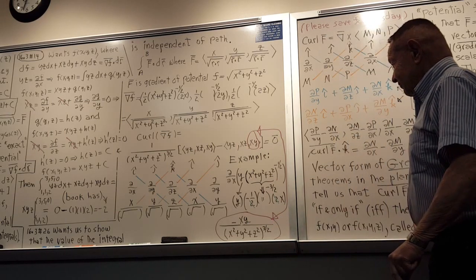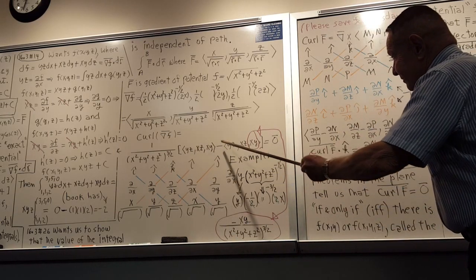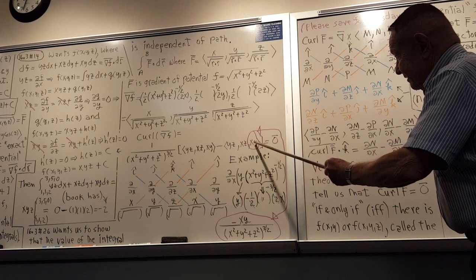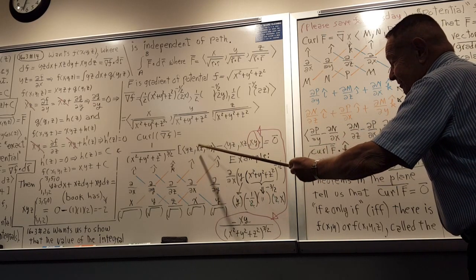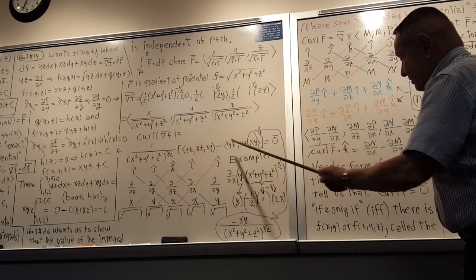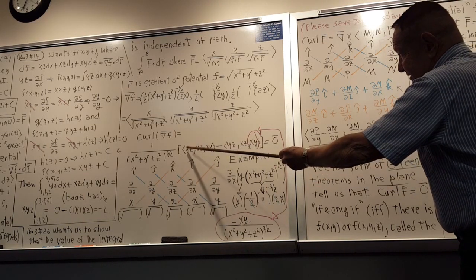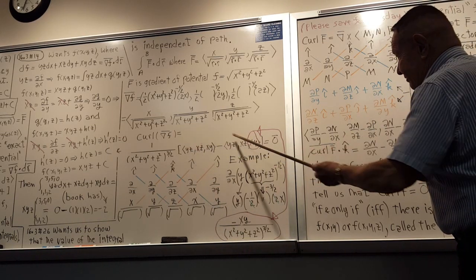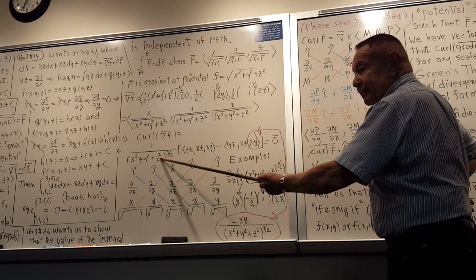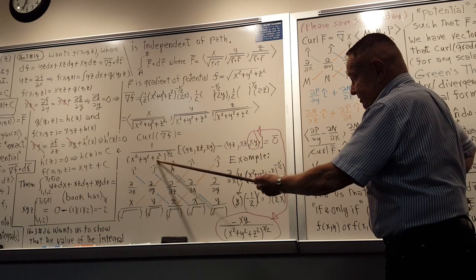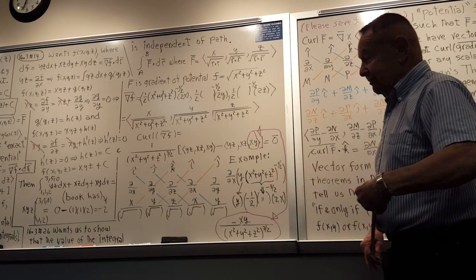So just for example, how I'm getting these 6 entries here, remember each of these entries is the component here, any of these 6, over this common denominator, which is the sum of squares to the 3/2.